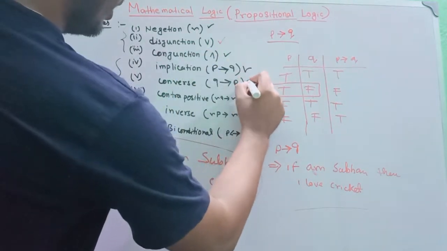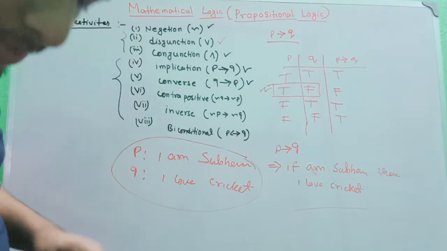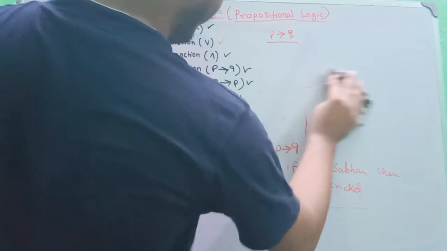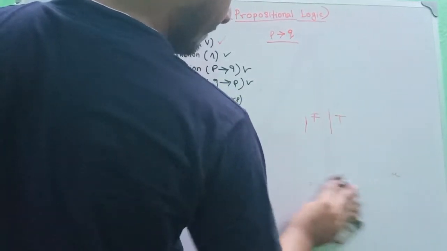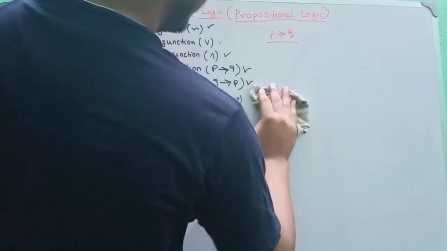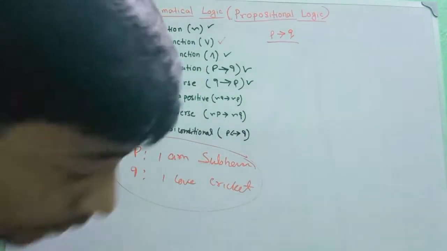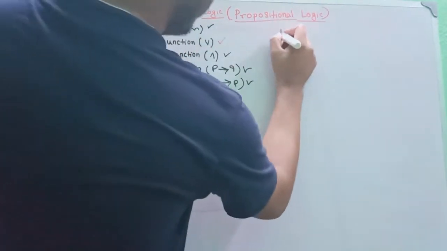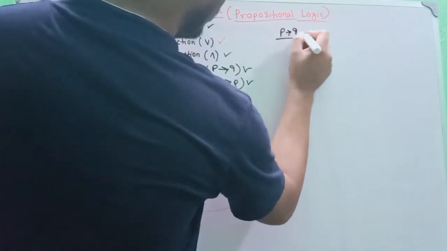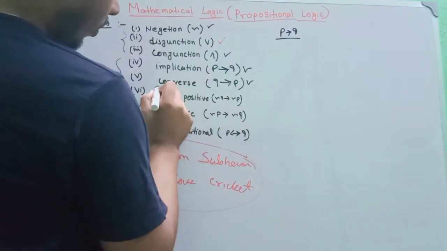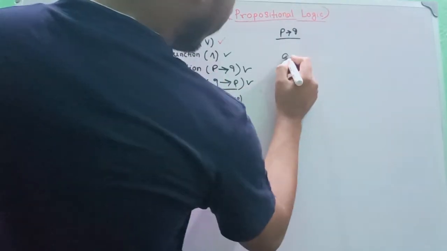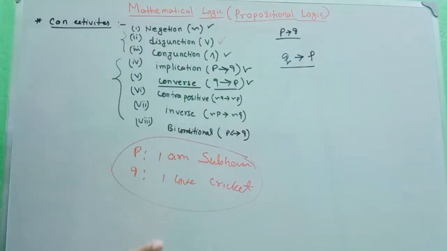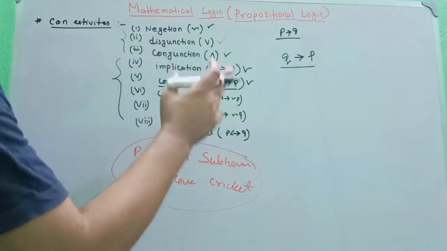Next is converse. Converse is one type of implication. In implication we use P implies Q, but in converse we use Q implies P. That is the difference between implication and converse.